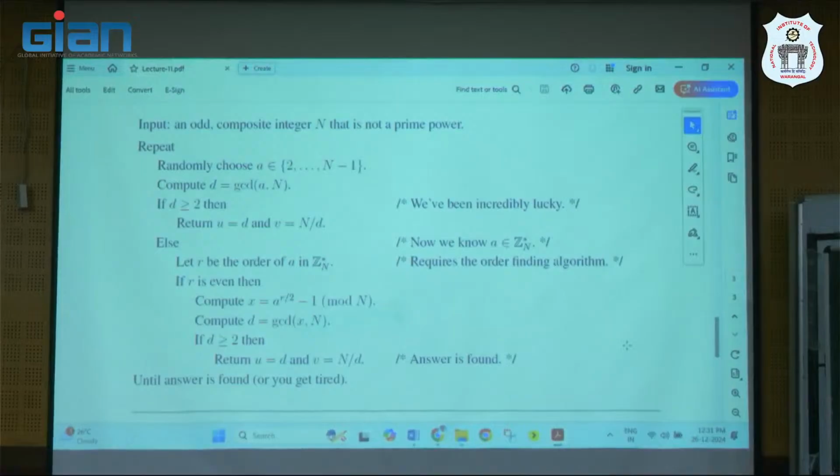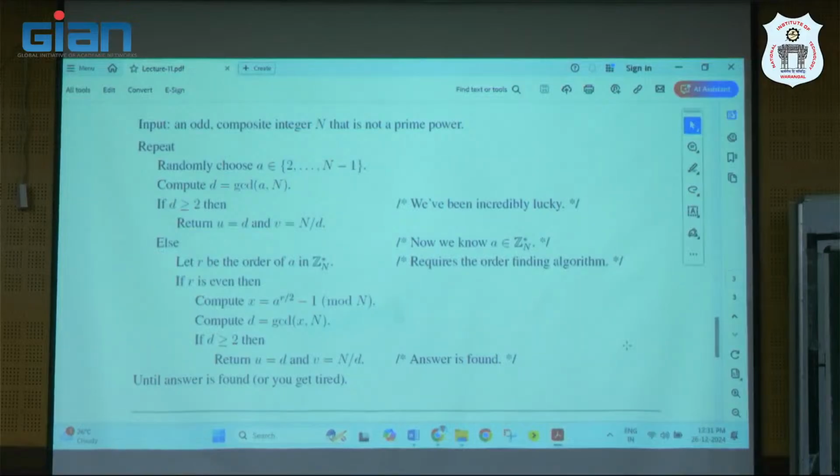Another thing, if n is a prime power, say 7 to the power 13 or 7 to the power 20, again I can find a factor. I can end up finding p itself basically. If it's p to the r, I'll find p.